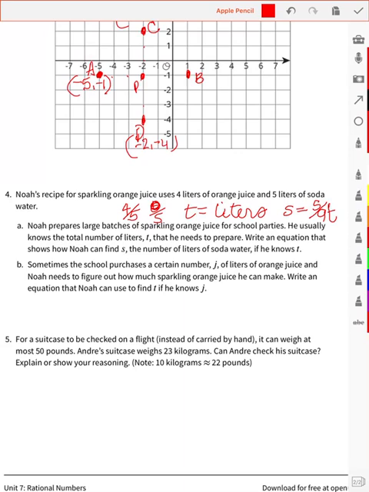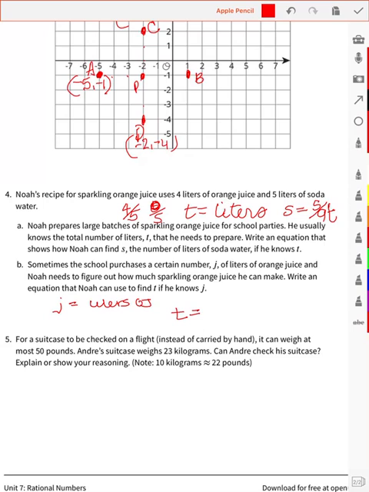All right, and then number 4B, sometimes the school purchases a certain number of J, which is equal to liters of orange juice. And Noah needs to figure out how much sparkling orange juice he can make. Write an equation that Noah can use to find T if he knows J. So T is equal, this time, J is the liters of orange juice, which was here on the top.